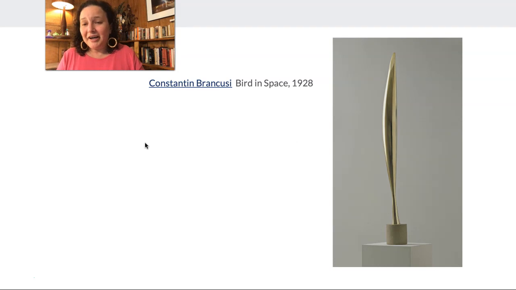Although I will say it is incredibly lovely. If you ever see it in person, it's very simple. It's maybe 4 feet tall, and it's just gorgeously smooth brass. But I would say that this is quite typical of modern sculpture, and that upward movement is really common for the period.